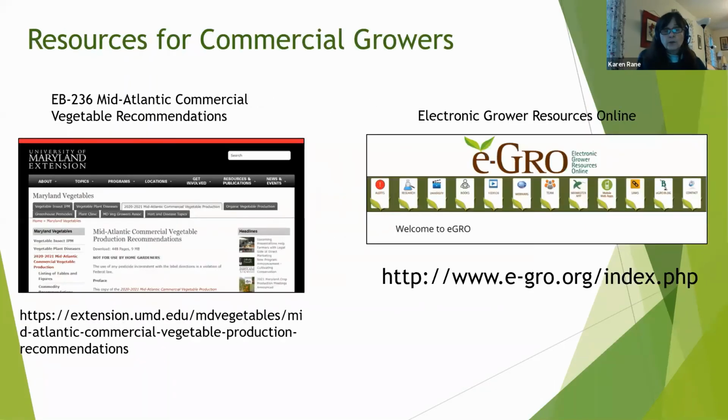And resources for growers here, you can get a lot of information if you're growing vegetables from the publication EB236. It can be downloaded from the Maryland vegetables website. If you just Google Maryland vegetables, I think you'll find that website, and there's a link there to the publication. And a consortium of universities have put together a resource called Electronic Grower Resources Online, or eGrow.